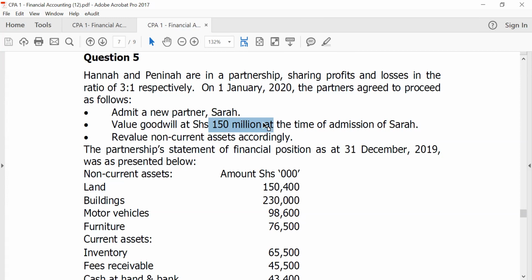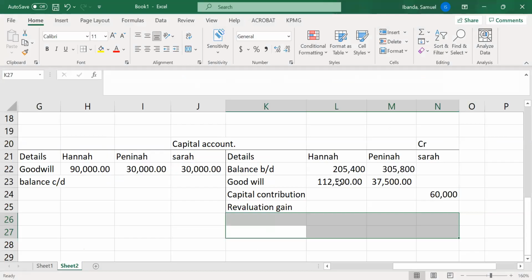Where I found an issue is that the goodwill was not maintained in the books. So already we wrote it off by sharing, using the new profit sharing ratio, which means Sarah also had a contribution on the debit side, because when we are writing off goodwill, we credit the goodwill account and then we debit the capital account. So if we are writing it off, how will it match with the respective balance on the credit side?